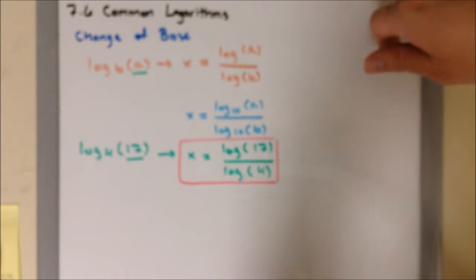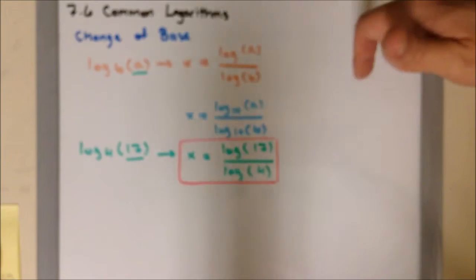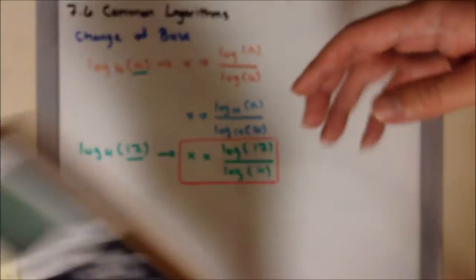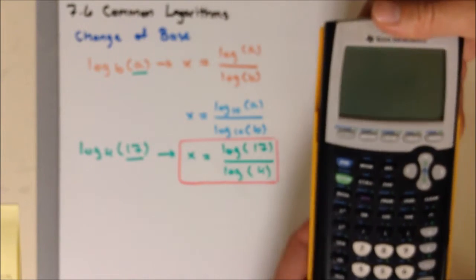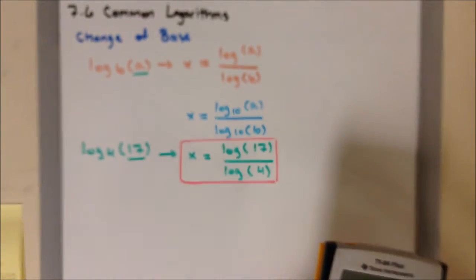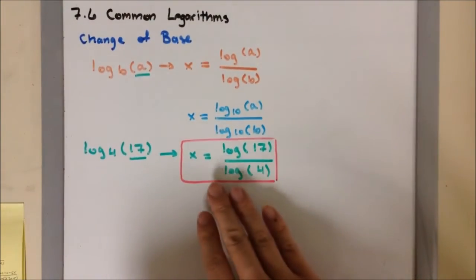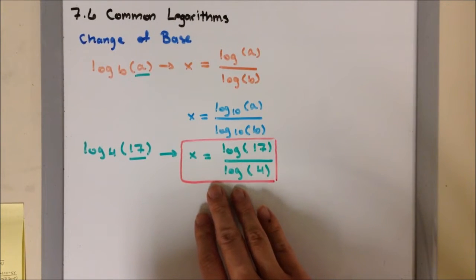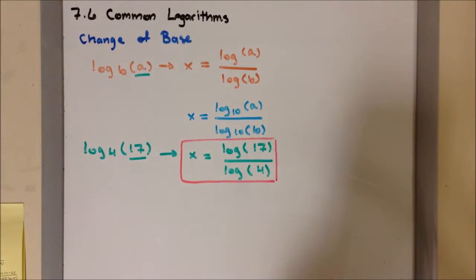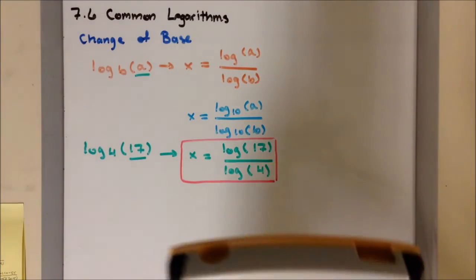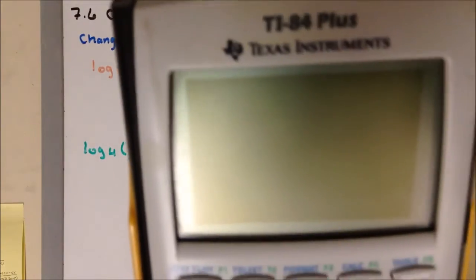Now, when you're evaluating, sure, let's evaluate. What's the value of x when it's log 17 divided by log 4? This is where you stop if you're working without a calculator. But say that you're asked to find the decimal value of log 17 divided by log 4. So let's punch that in.